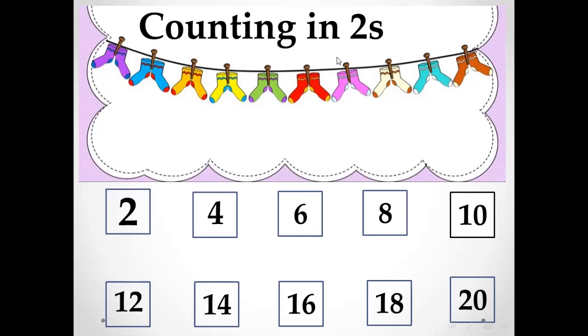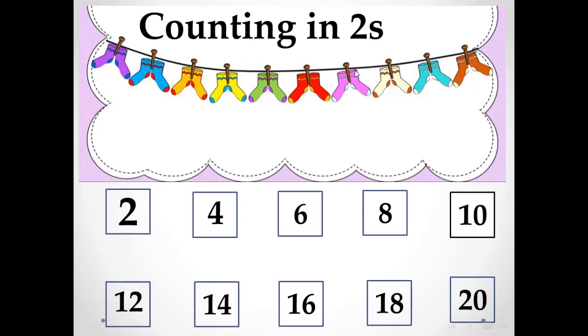So I'm counting like that. 2, 4, 6, 8, 10, 12, 14, 16, 18, 20. I skip one number. Okay.